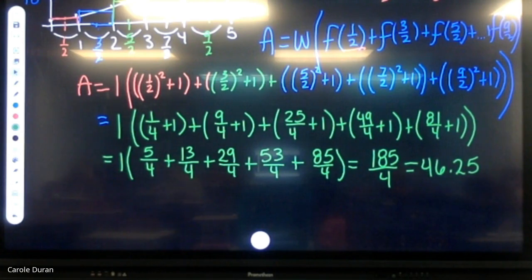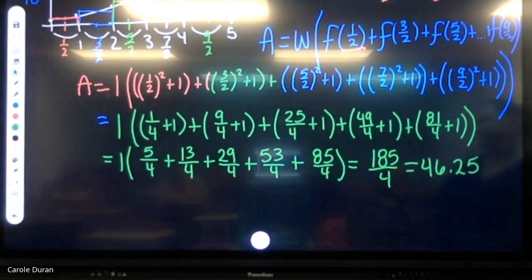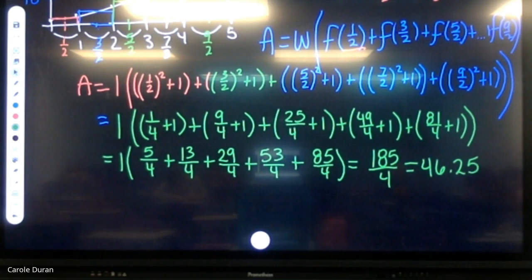I got 46.25 when I did it. So make sure if you're using your calculator, that you also get that 46.25.